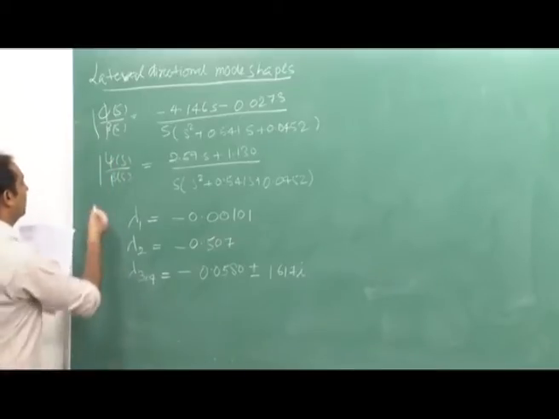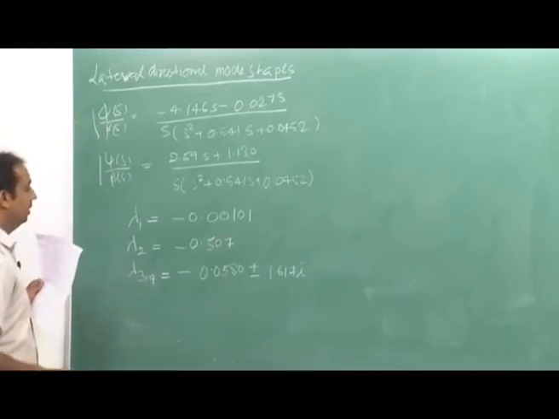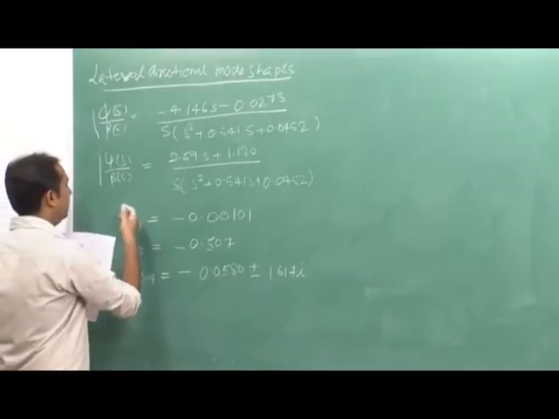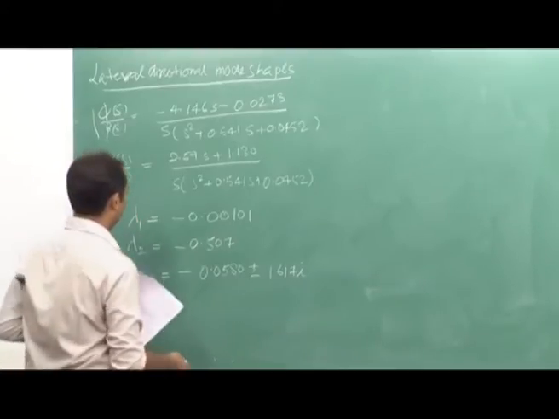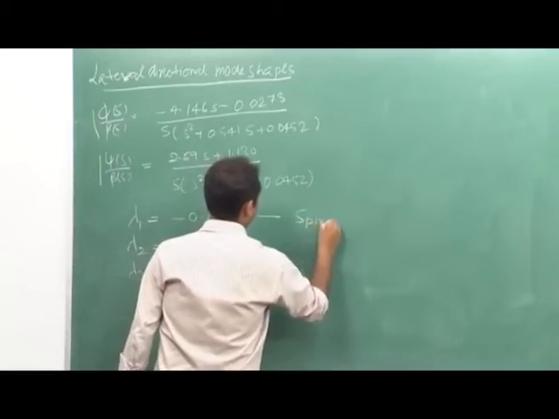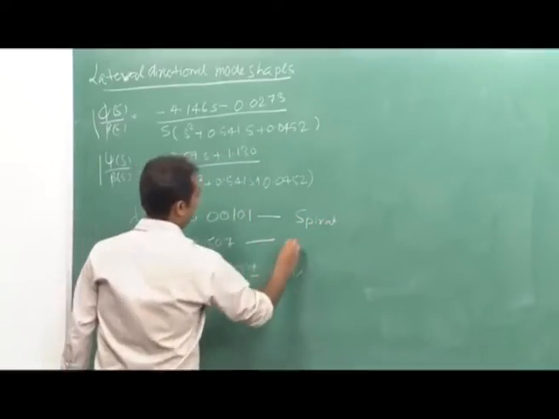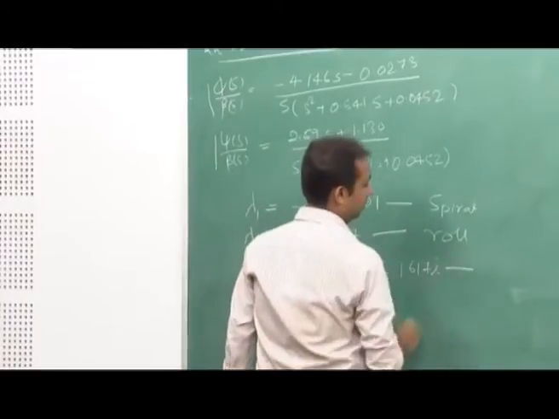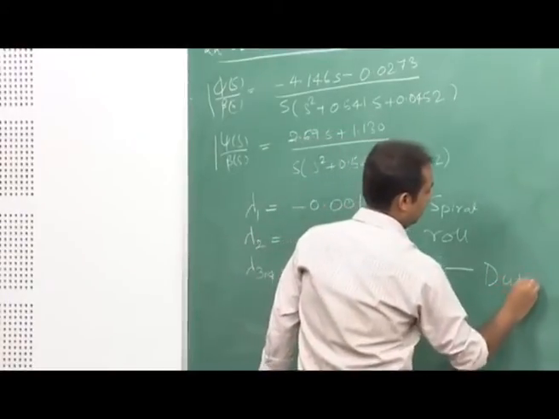Now, we have got the ratios between psi of s and beta of s, and phi of s and beta of s, and evaluating the values at different roots, this will correspond to your spiral mode, this will correspond to your roll mode, and this will correspond to your Dutch roll.